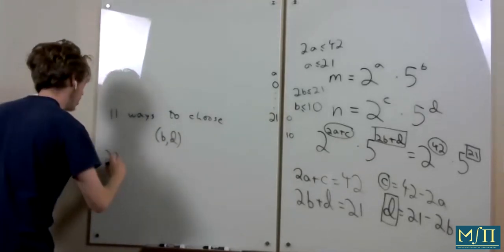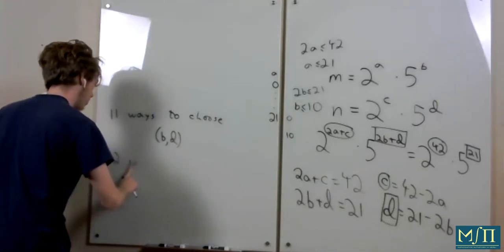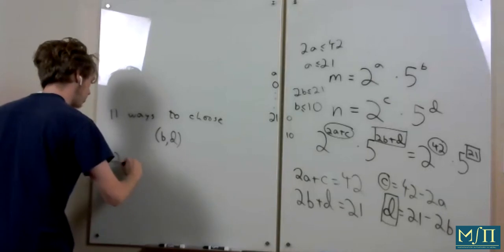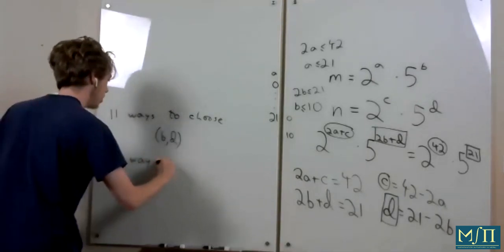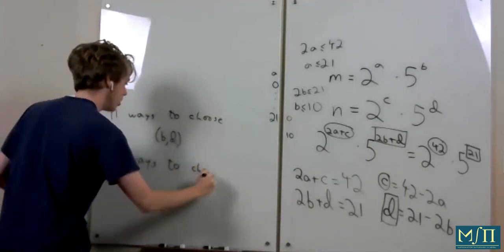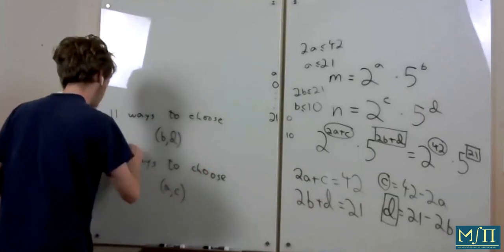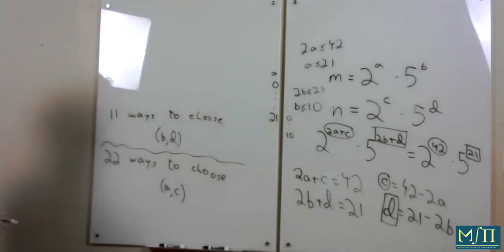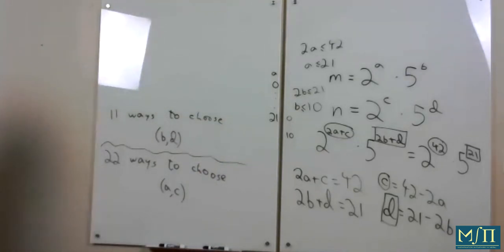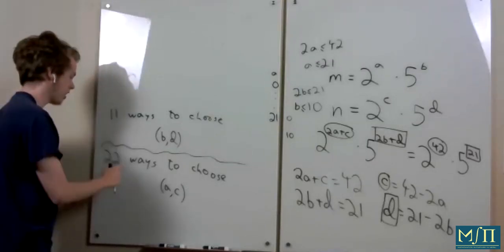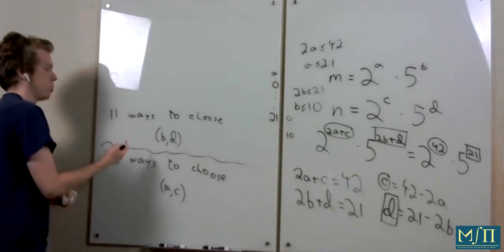I'll just put it below here. 22 ways to choose the ordered pair A, C. That's good. Okay, there. And so once we do this, the number of ways to combine them is just the number of ways to choose this times the number of ways to choose that.